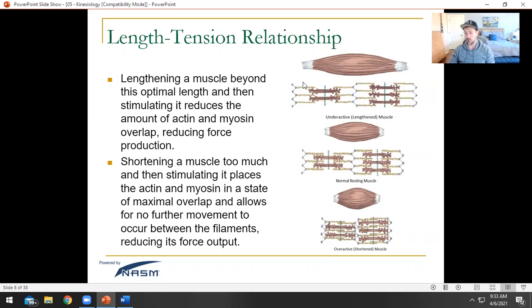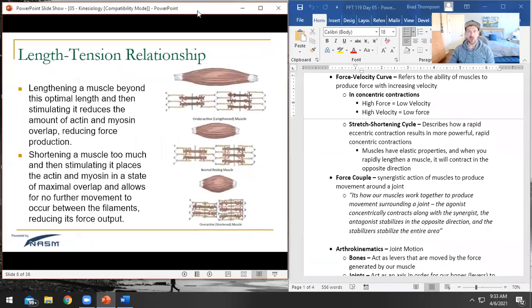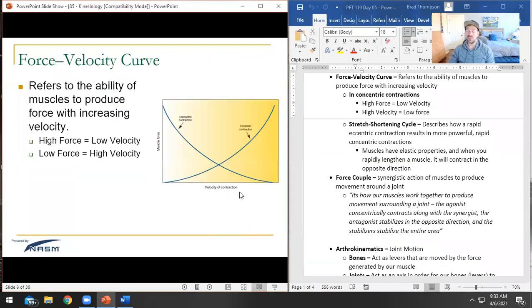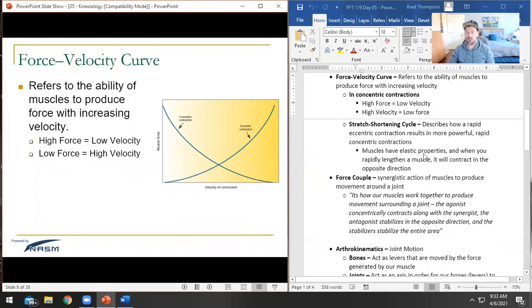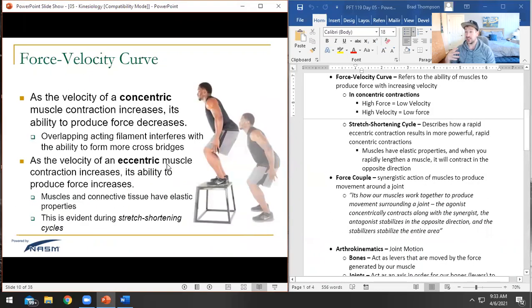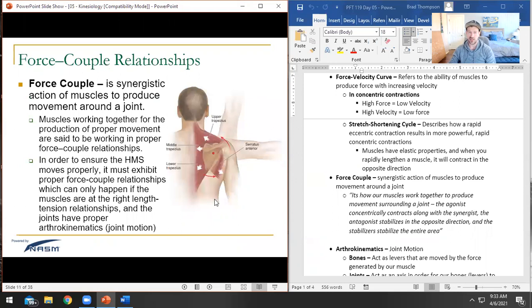This muscle's ability to produce force concentrically is increased because it has plenty of room to move. So in a force couple, or in a stretch shortening cycle, we want a big, long eccentric contraction that gets really lengthened out, giving us maximum potential to shorten that muscle and produce as much force as possible.